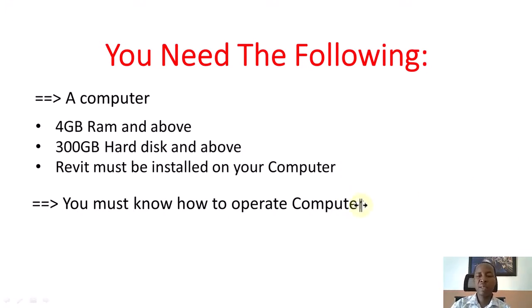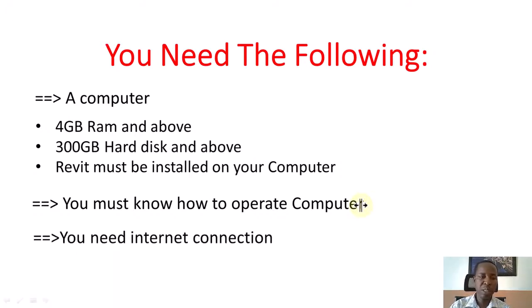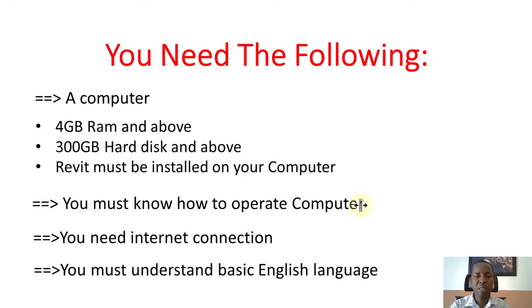So these are some of the things you need. And you also need internet connection. You need to connect your laptop to the internet so that you'll be able to get some things from the internet. It is very, very important.